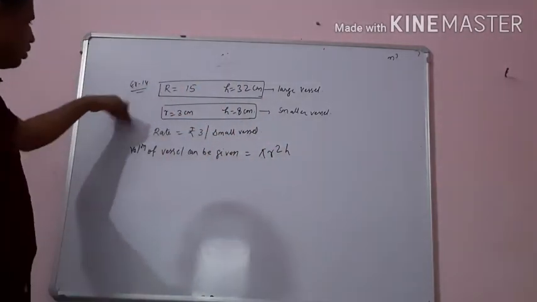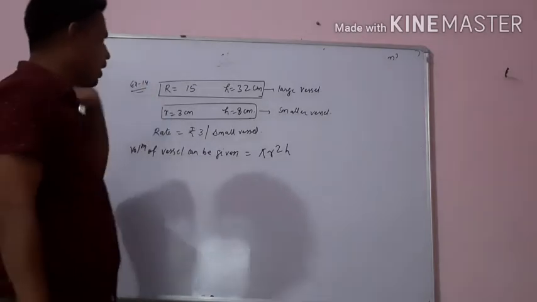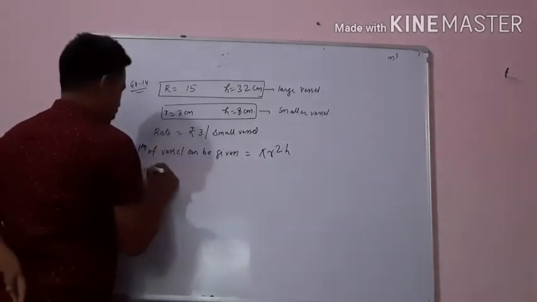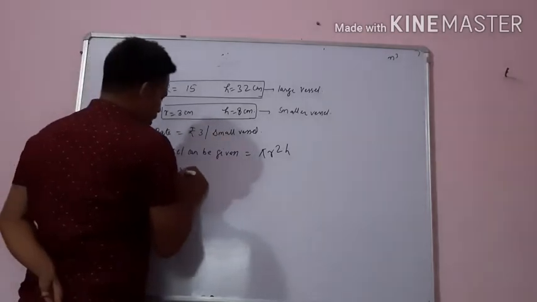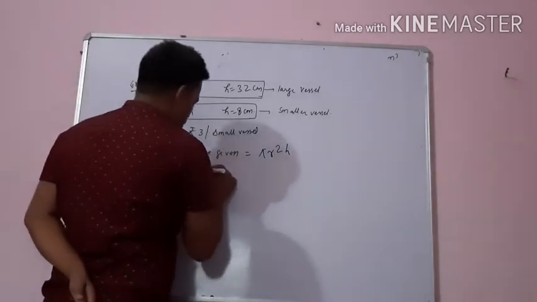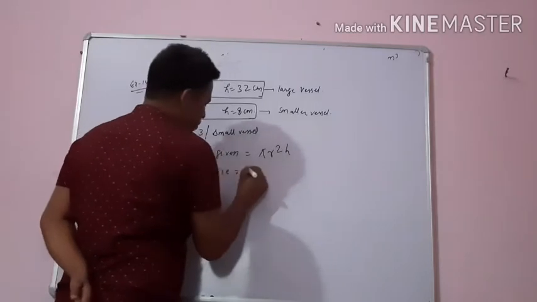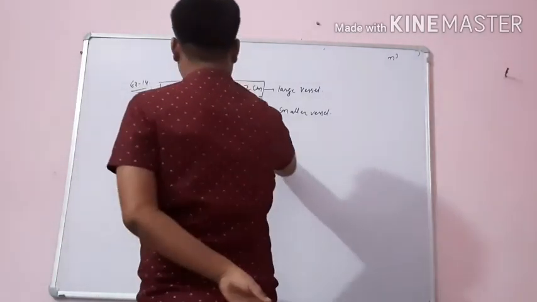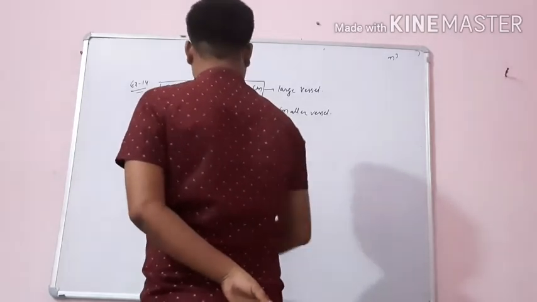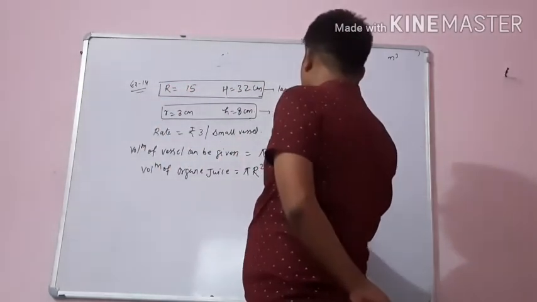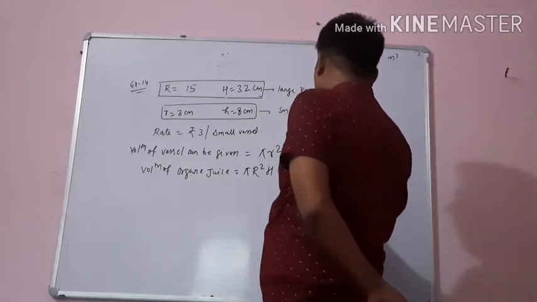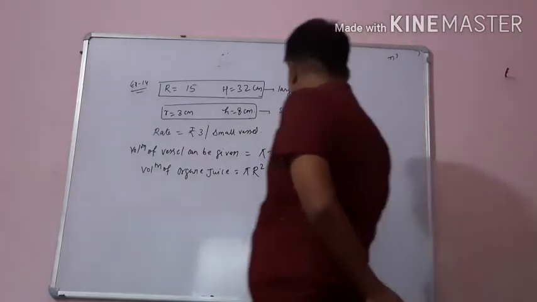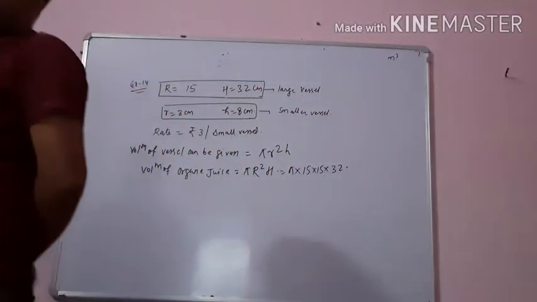Now orange juice has been prepared in the large vessel, so the volume of orange juice can be given as pi r square H. Here I am taking capital H. So pi multiplied by 15 multiplied by 15 multiplied by 32. This is the volume of orange juice.